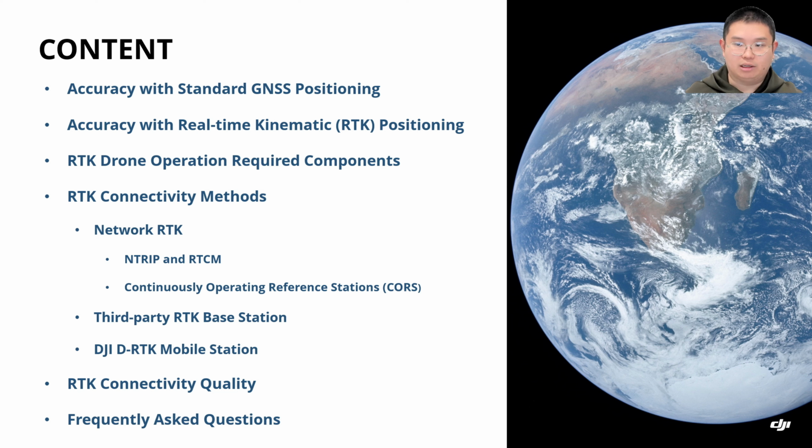At the end of this episode, I will also cover the connectivity quality and how that would affect the data accuracy and data quality, and then talk about some frequently asked questions and some troubleshooting strategies. All right, let's get started.